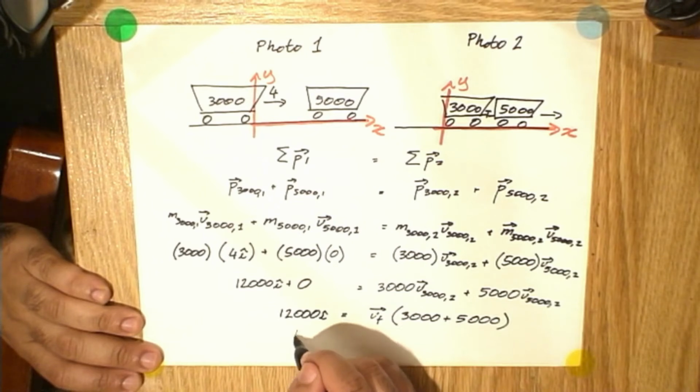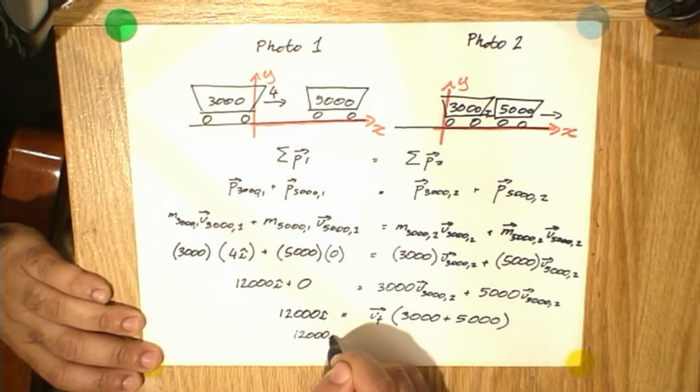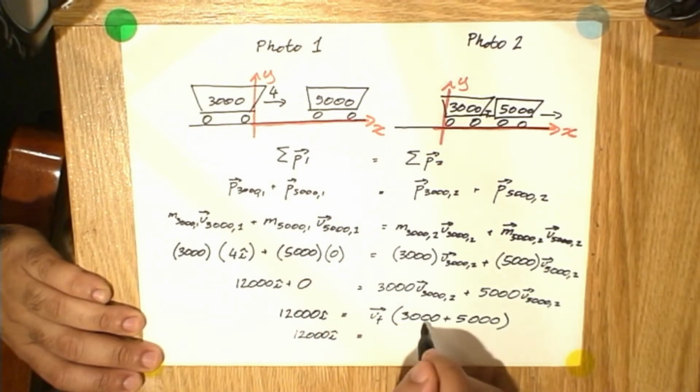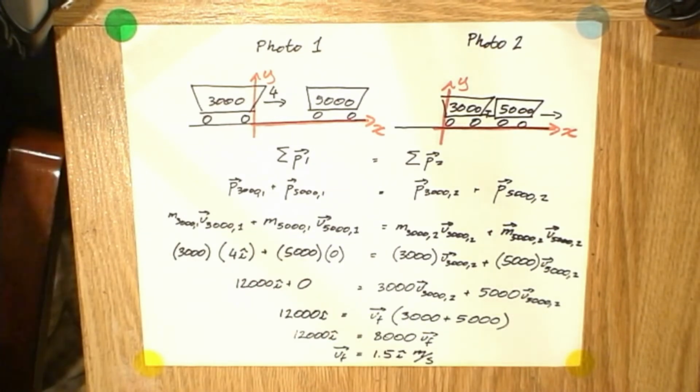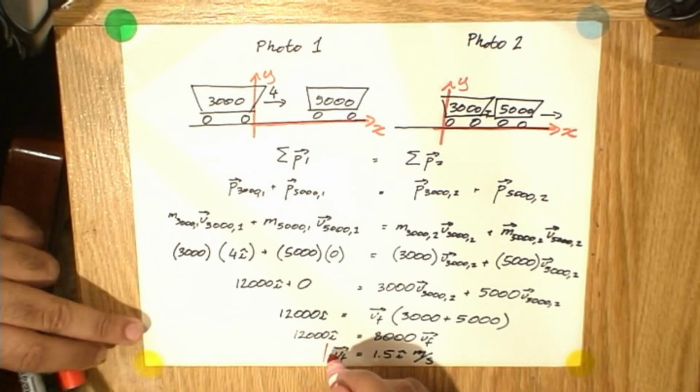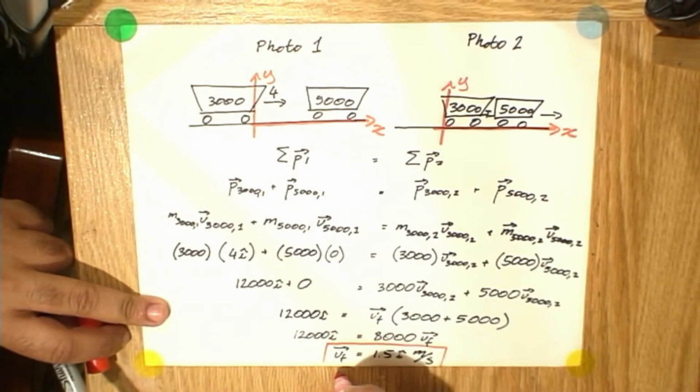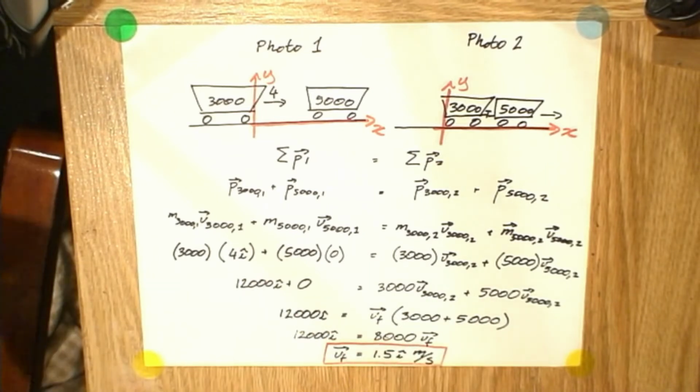Simplifying further, we get 12,000 I hat equals 3,000 plus 5,000 is 8,000 times V final. And now we just divide both sides by 8,000 to get V final is equal to 1.5 I hat meters per second. So this is now the final velocity of the pair of train cars after the collision occurs.